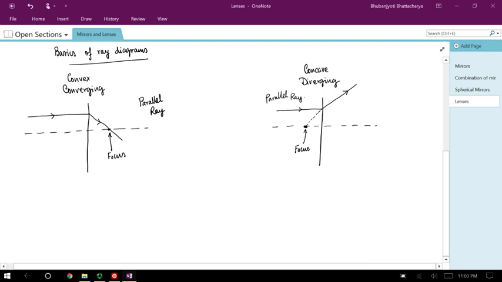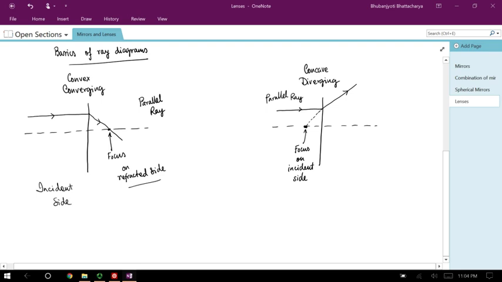So now you can tell quite easily that for a convex lens, the focus is going to be on the refracted side, while for a concave or diverging lens, the focus is on the incident side. And this is kind of an important distinction. When we start doing our mathematics with lenses, you will see we will talk about the incident side and the refracted side.